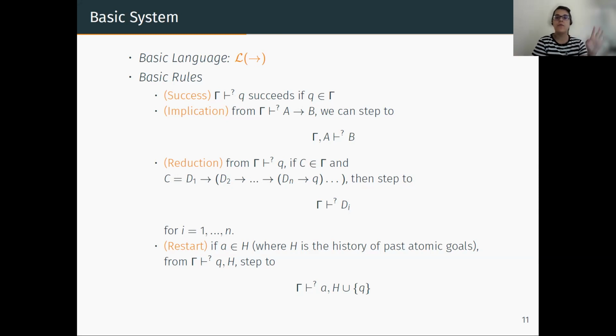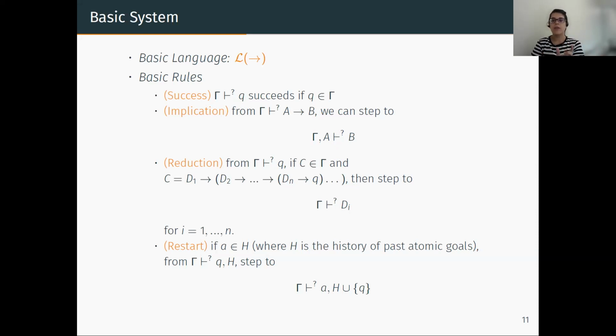With these three rules, the author shows that we have a sound and complete proof system for intuitionistic logic. If we add the rule of restart, we have a sound and complete system for classical logic. For the rule of restart, we have a new concept: a history of past atomic goals on the side of the goal.